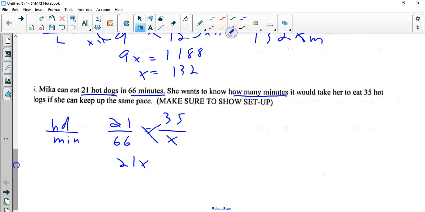So 21x equals 66 times 35, which is 2,310. And we divide that, you get 110. So that is 110 minutes, in just over half an hour. Yuck.